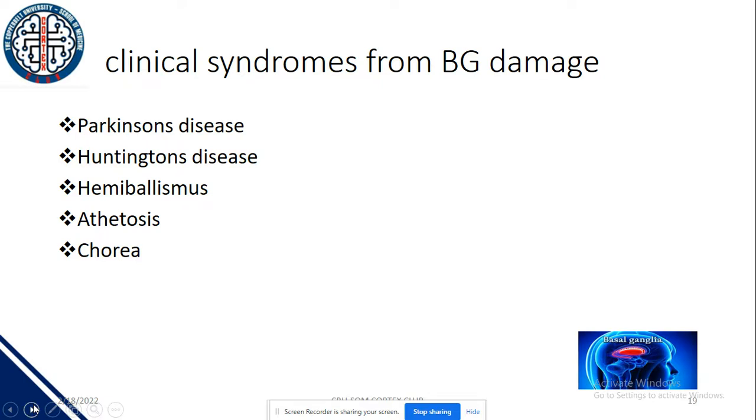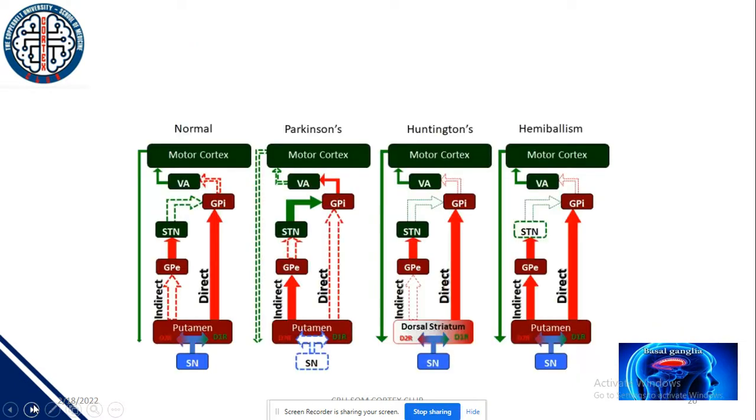So now we can look at the clinical syndromes from basal ganglia damage. So what happens if there is a lesion to part of the basal ganglia? We have these three major syndromes or diseases: Parkinson disease, Huntington disease, as well as hemiparesis.